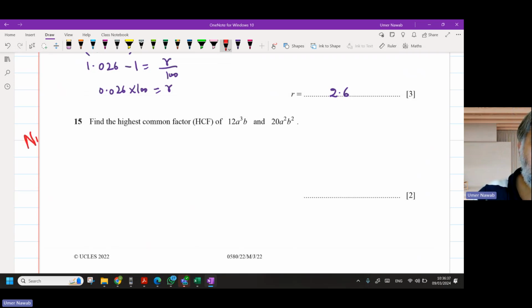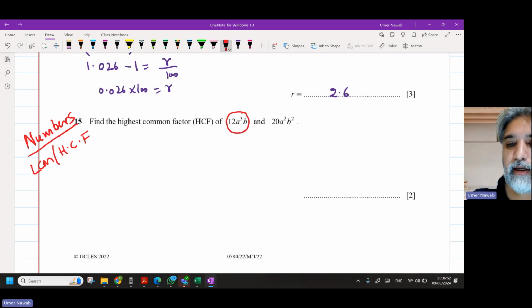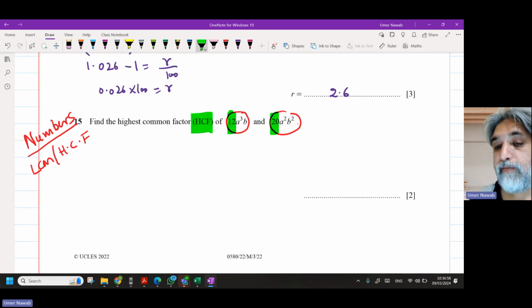Again, it is related to numbers and the subtopic is LCM and HCF. Two numbers I have, 12 and 20. I want to find the highest common factor. The highest common factor cannot be more than these two numbers. It should be less than or equal to.